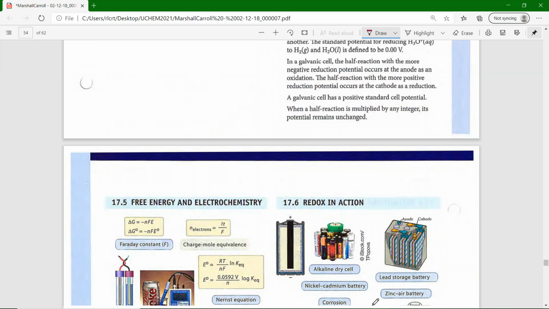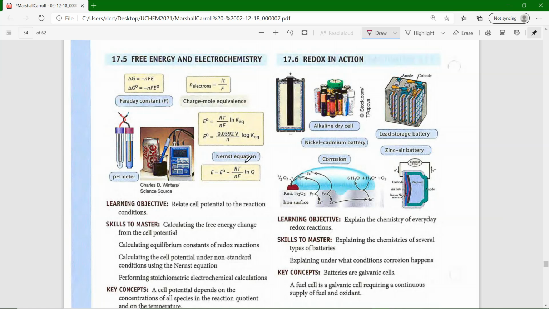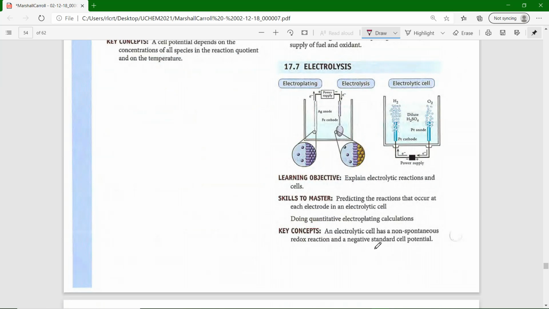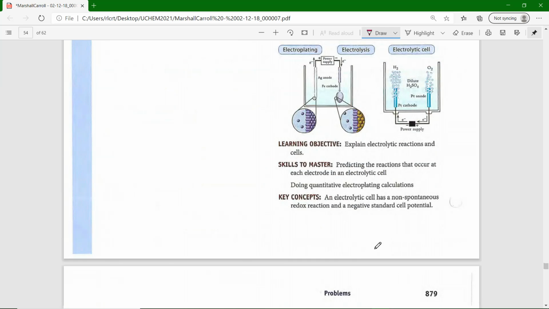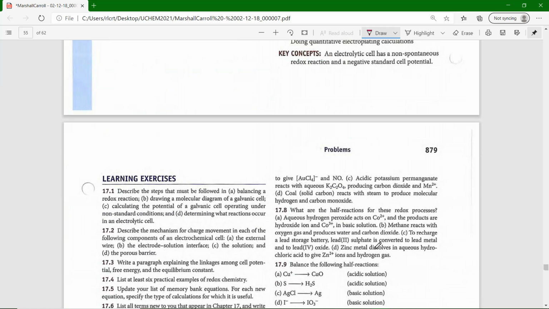Then we have the equations: the Nernst equation, delta G naught equals minus nFE naught, the equilibrium equation, the equilibrium constant related to E naught, some practical examples of redox in everyday life, and some discussion about electrolysis. Sounds good? Have fun with all these questions.